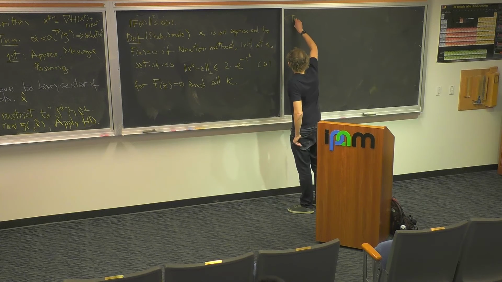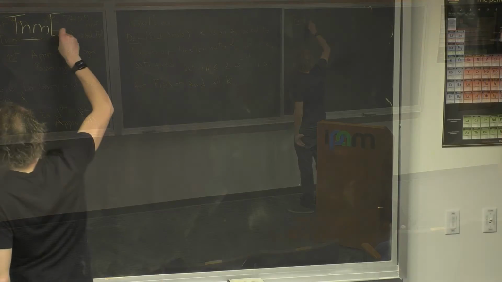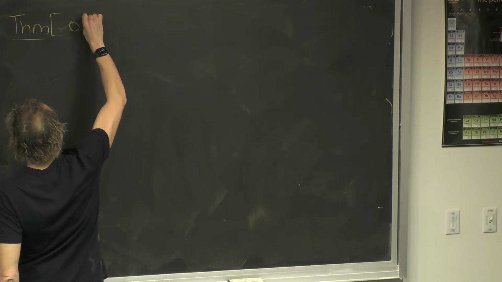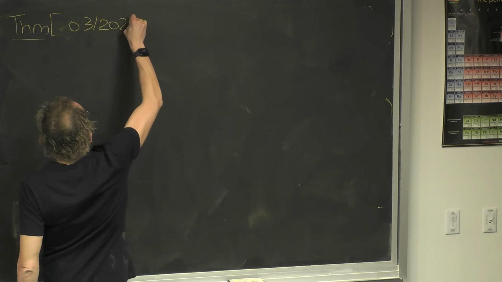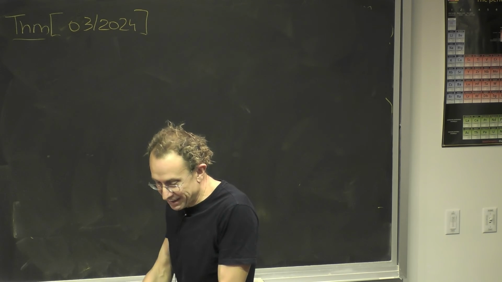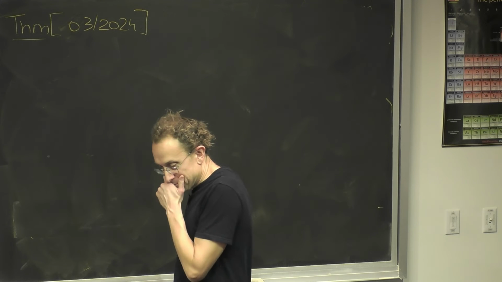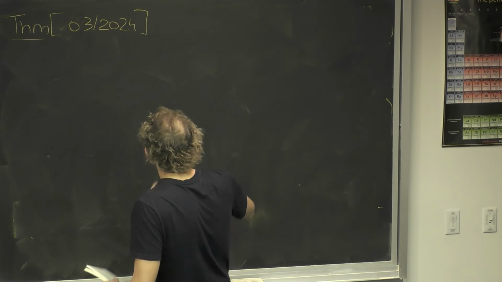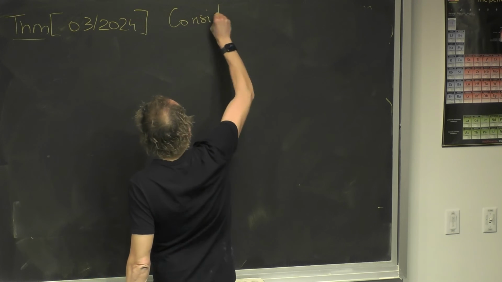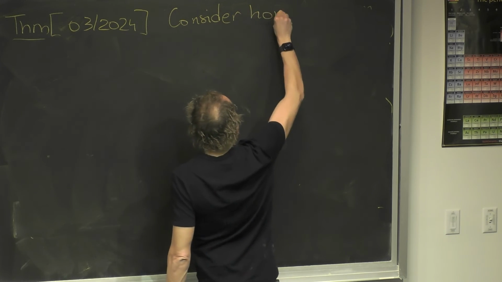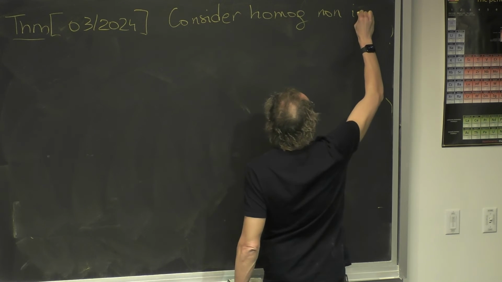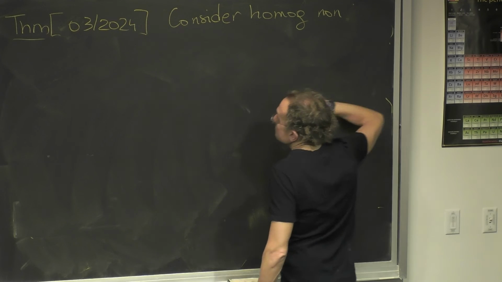So this is a theorem that is not in the paper that is out. Perhaps it's March 2024. It's a future theorem, hopefully. I mean, it's all written apart from some details. In this case, we consider the homogeneous, non-identically distributed case.